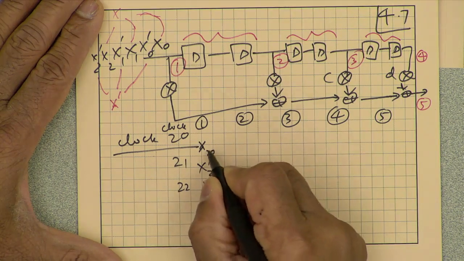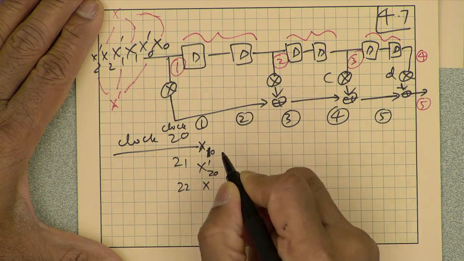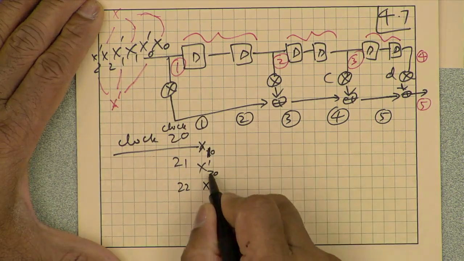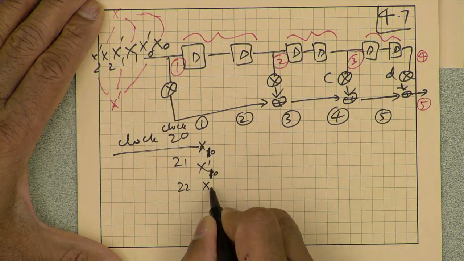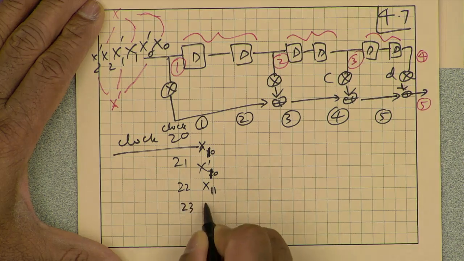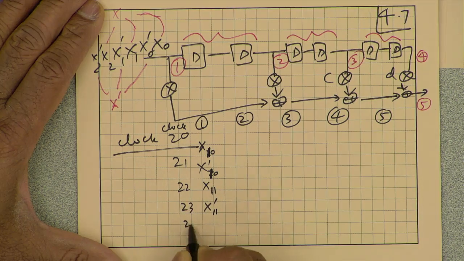Actually, I made a mistake. This should be x10, because x1 is input in clock cycle 2, and this is x10', and clock cycle 22 will be x11, 23 will be x11', 24 will be x12, 25 will be x12', and so on.